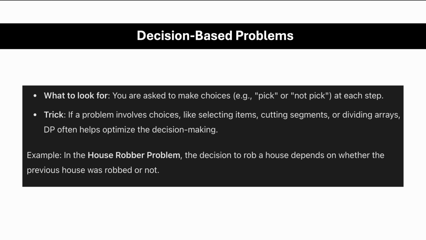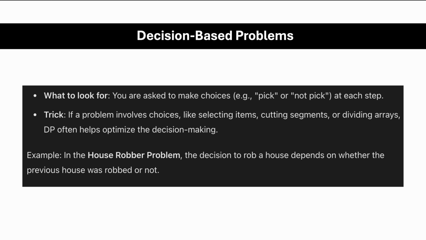For example, let's say a thief is planning to rob houses along a street, and each house has a certain amount of money, but robbing two adjacent houses triggers an alarm. And the question is, find the maximum money the thief can rob without robbing two adjacent houses.